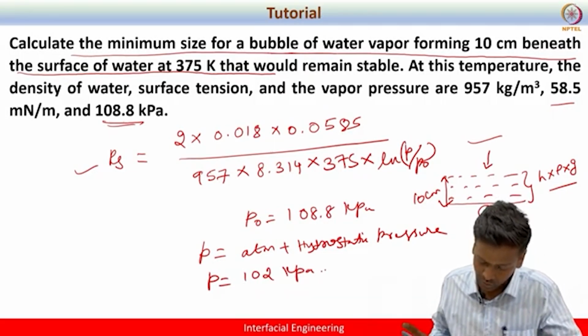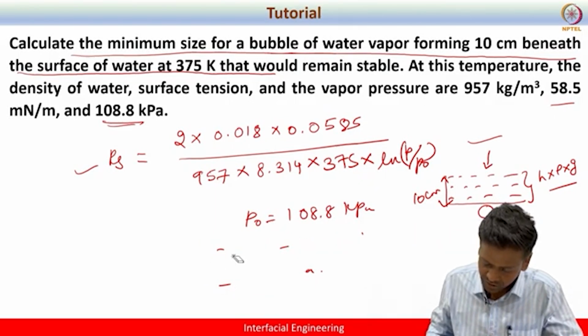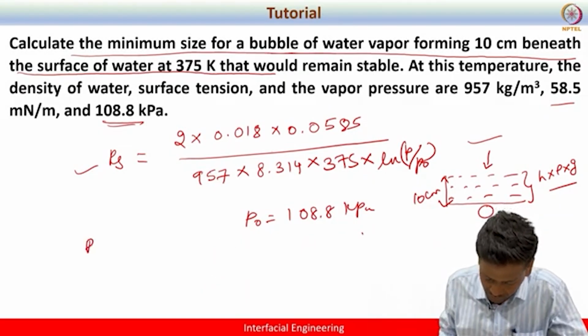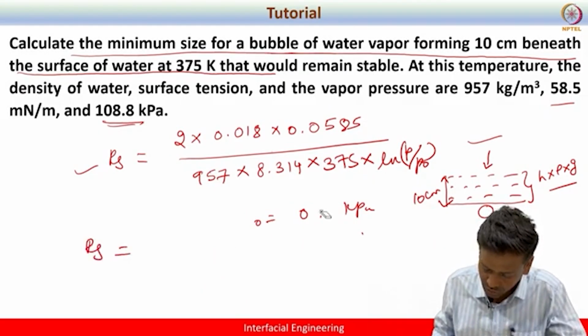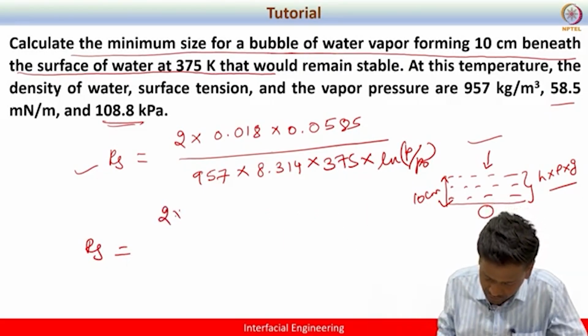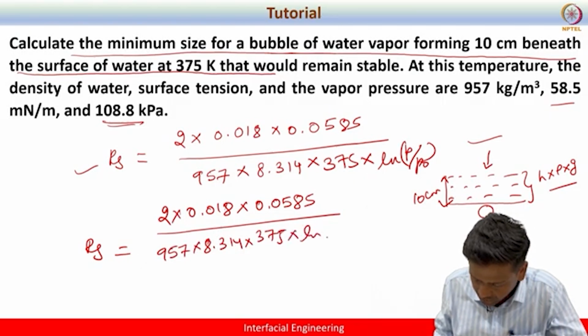If you substitute these values here, we know that P naught is 108, and P is 102 kilopascal. So this will be 2 into 0.018 into 0.0585 divided by 957 into 8.314 into 375 into ln P by P naught, where P by P naught is 102 divided by 108, right?